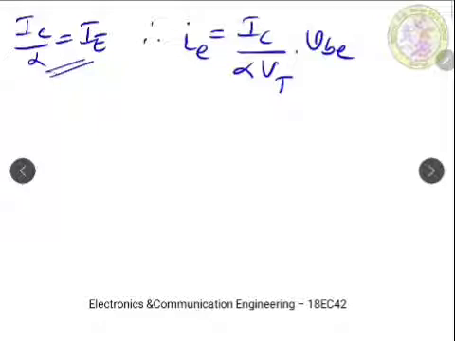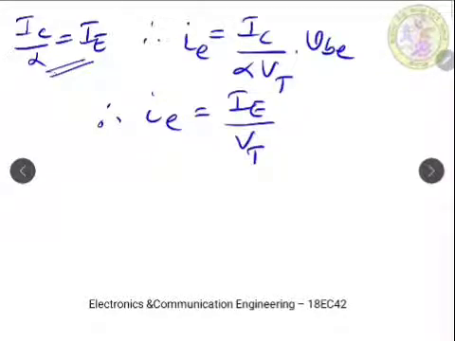Therefore the small signal emitter current ie will be equal to IE by VT into vbe. This is one important relationship.